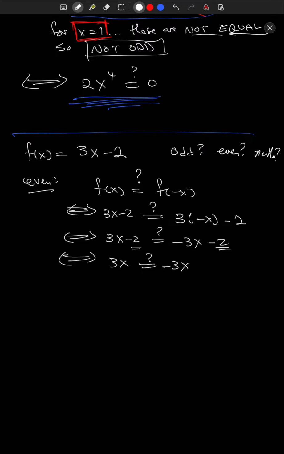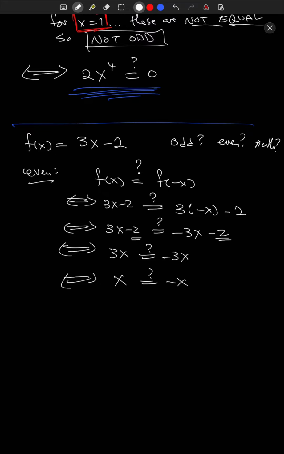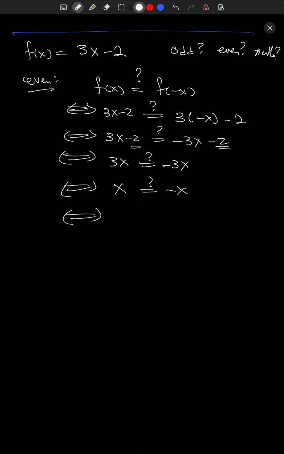We can cancel those if we're not sure at this moment. The question is, is x equal to negative x? And if we're still not sure, we throw the x to the left-hand side. Is 2x equal to 0? And if we're still not sure, we can keep going. Is x equal to 0? And again, this is asking, is x equal to 0 for every x?